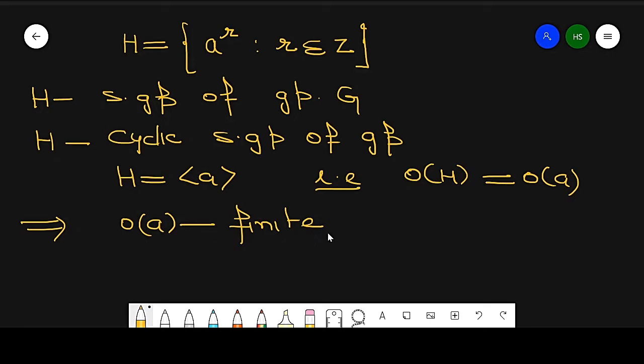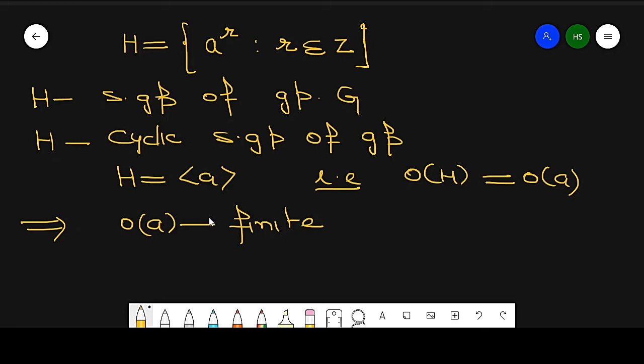If the order of a is finite, then a raised to power n equals the identity.